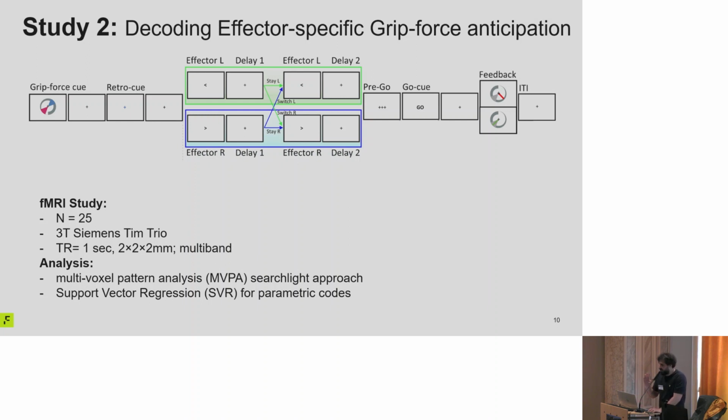We used basically the same delayed grip force task, in which we just split the delay period in two 6-second delay periods, preceded by a 0.5-second effector cue presentation, asking them to prepare either with the left hand, presented on a green background, or with the right hand. In 50% of the trials, participants had to switch preparation from one hand to the other, for example from the left hand to the right hand, as shown by the diagonal arrow, or vice versa.